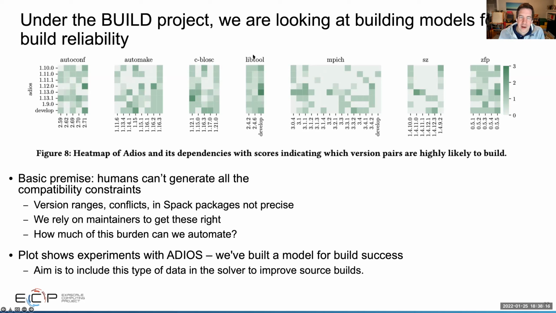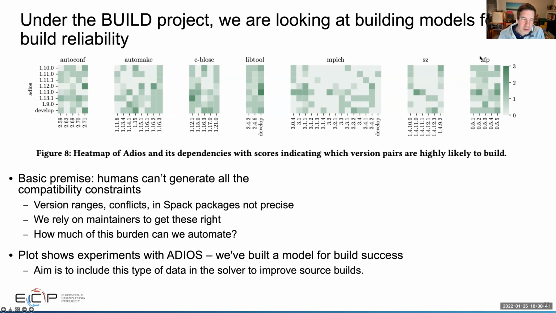We built models from experimental runs of, say, a package, and then tested it with different dependencies to see how likely the build is to work with different samples from this matrix of builds. We have this kind of data for, I think, 31,000 builds of different packages from Spack. It was like 60 packages, 31,000 builds.